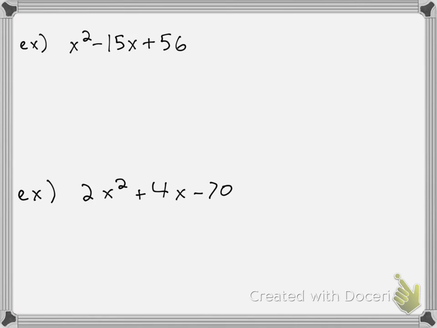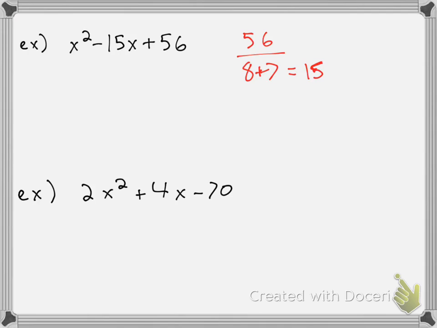Alright, next example. I've got x squared minus 15x plus 56, so I need to find two factors of 56 that add to give me negative 15. In this case, 8 times 7 does not work because plus 7 would give me a positive 15.